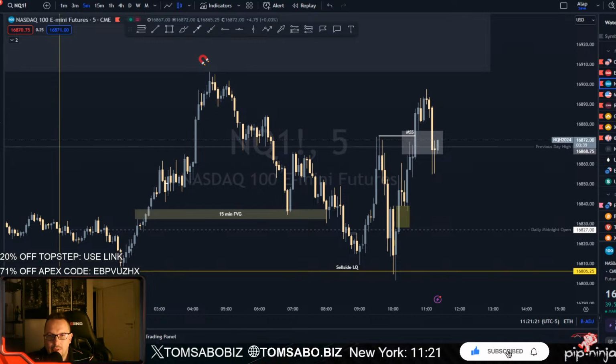I'm checking if this one really wants to do what it should in terms of a 15-minute bullish breaker. Because if it does, then worst case scenario, it should just make another attempt to go to the 900s. Not sure though. On the 15-minute, it looks nice. Even the 5-minute looks promising.